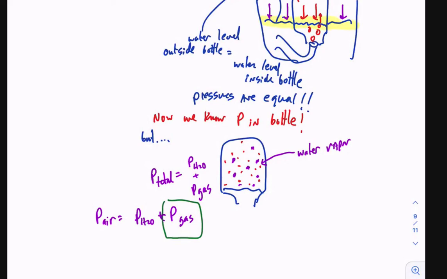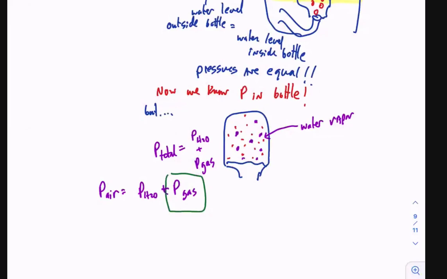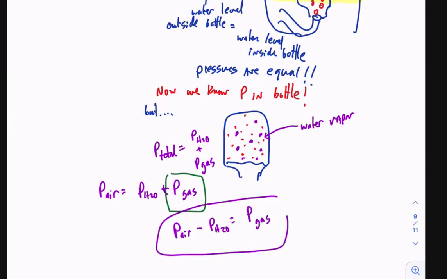How do I rearrange this equation to solve for the pressure of the gas that I'm trying to collect? Minus the pressure of the water on both sides. Right. So if I subtract the pressure of the water vapor from both sides, that is how I find the pressure of the gas inside the bulb.